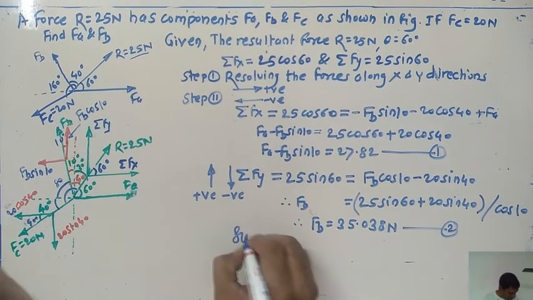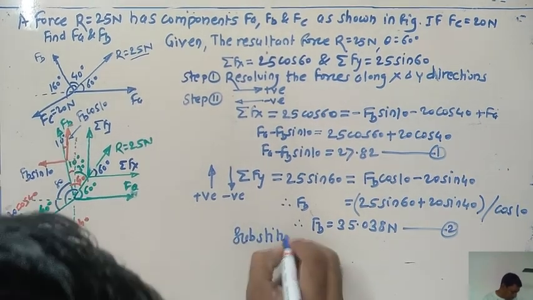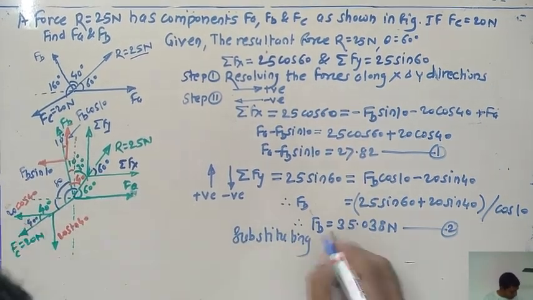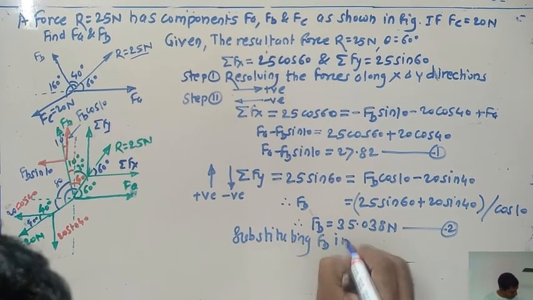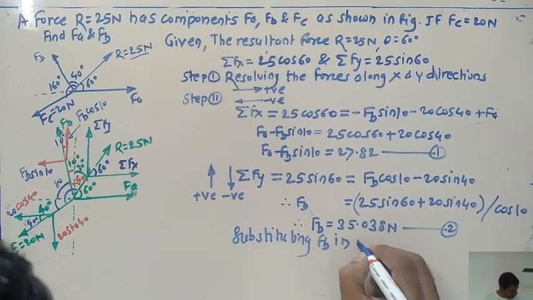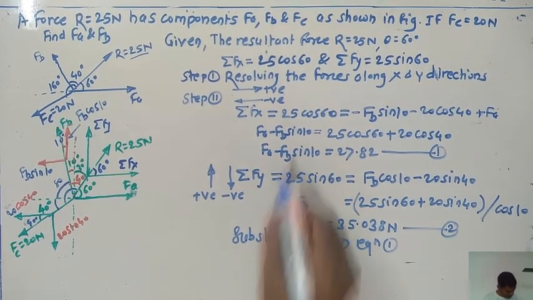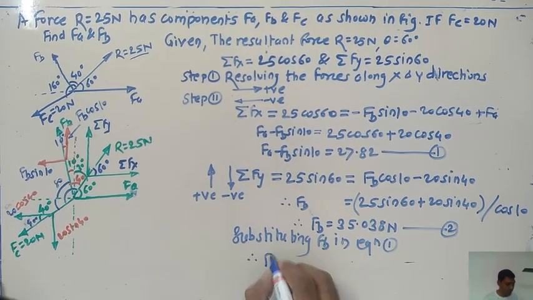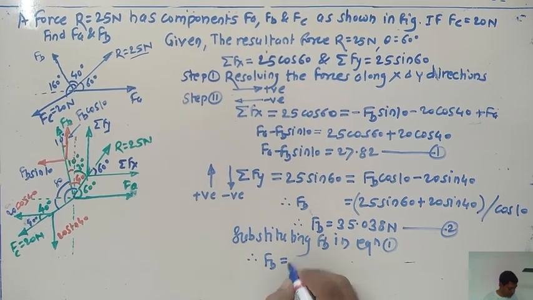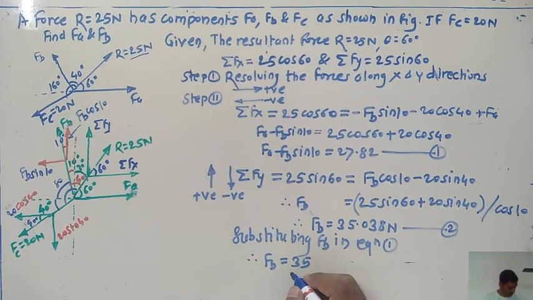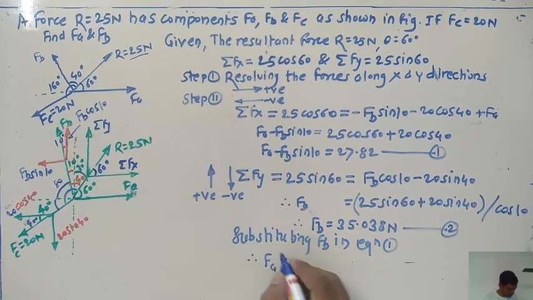Substituting FB in equation 1, what do we get here? After simplification, I can get the value of FA.